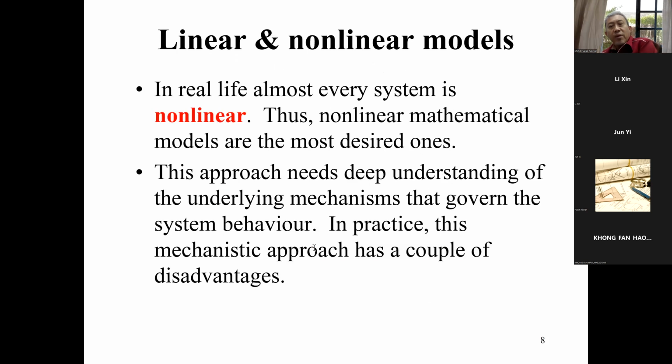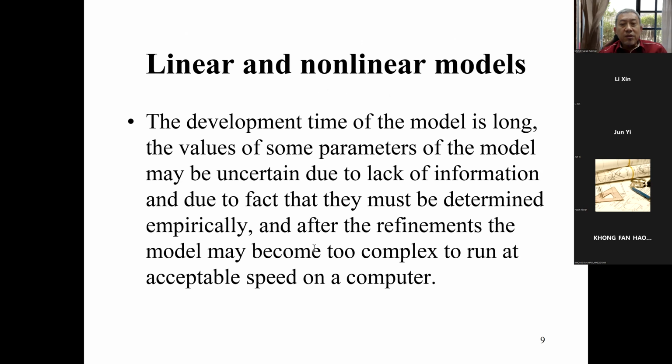In real life, every system is nonlinear, so nonlinear mathematical models are the most desired ones. This approach needs a deep understanding of the underlying mechanisms that govern the system behavior. So we must have a good approach to overcome all the disadvantages of the system.